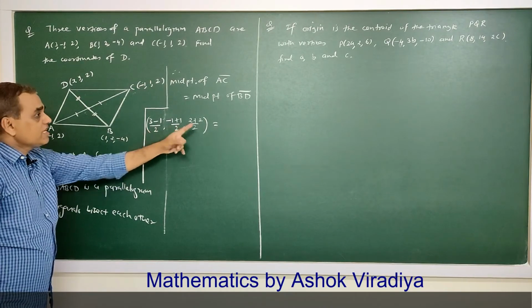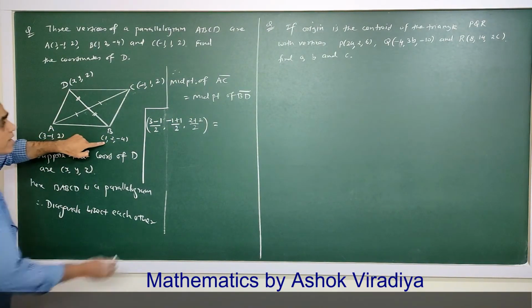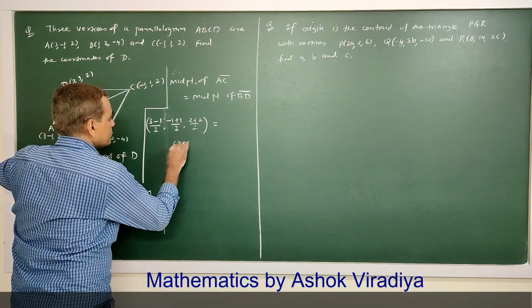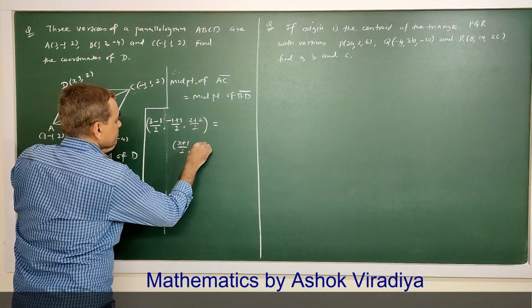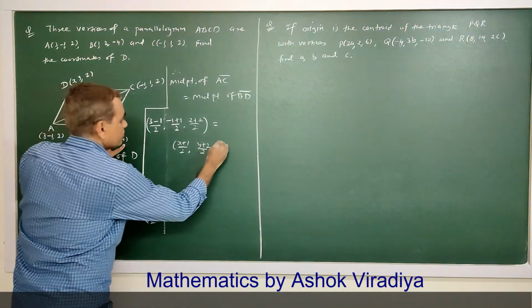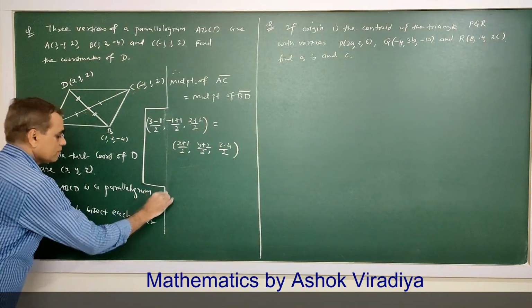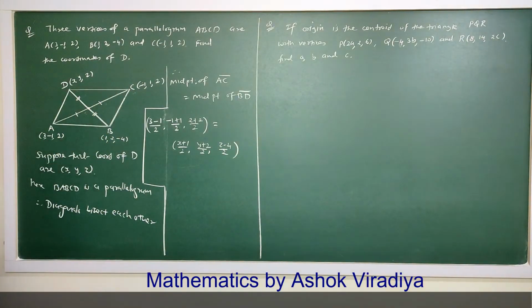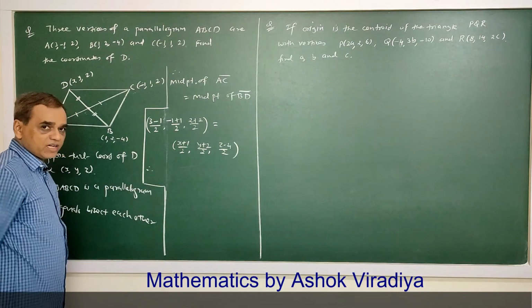This equals midpoint of BD, which is x1 plus x2 by 2, y1 plus y2 by 2, z1 plus z2 by 2. So midpoint of this line segment equals midpoint of this line segment.